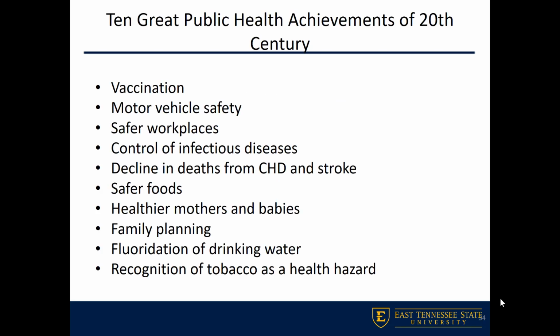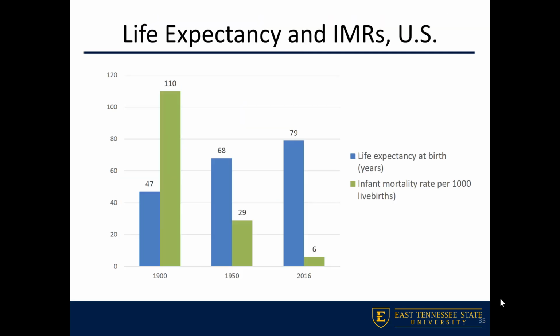Okay, a lot of this is stuff you may have heard about previously, so I'm going to go quickly through this section. There have been 10 great public health achievements in the 20th century, and they're listed here. And so when we think back to or try to imagine what life was like 100 years ago or 120 years ago, we can see the great impact public health has made.